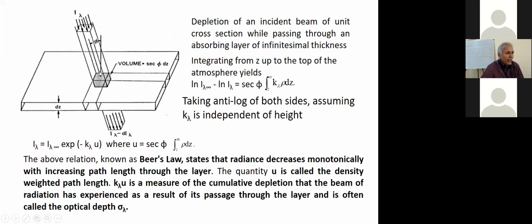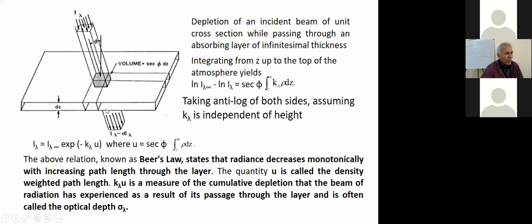This is unit cross-sectional area. Let's say that it is approaching at some angle phi, which we normally call the zenith angle. Now this is the amount of radiation that is incident, and this is the amount of radiation that is transmitted.